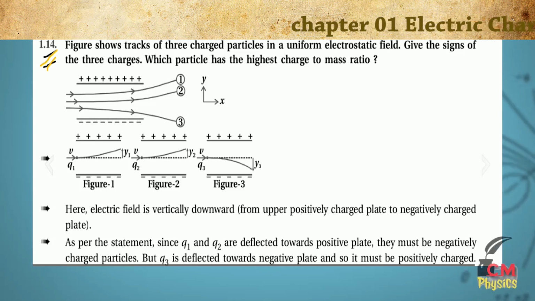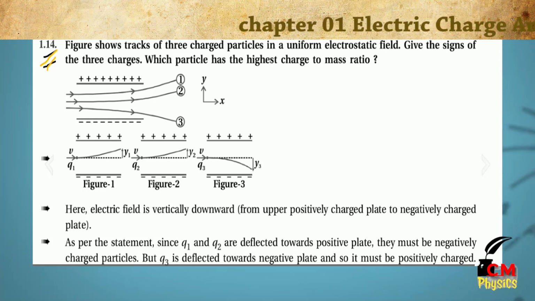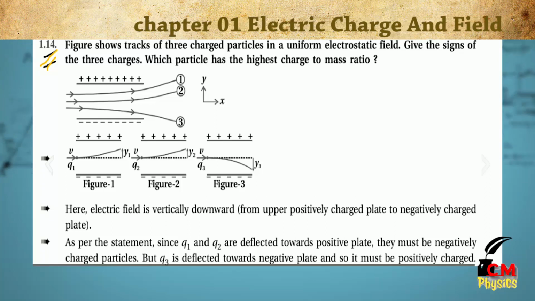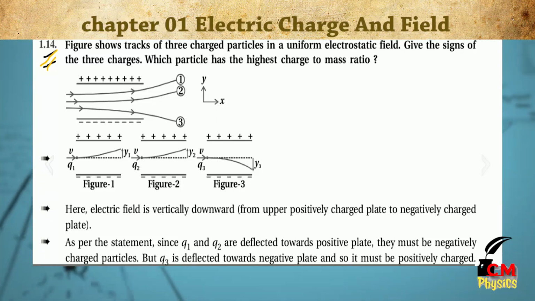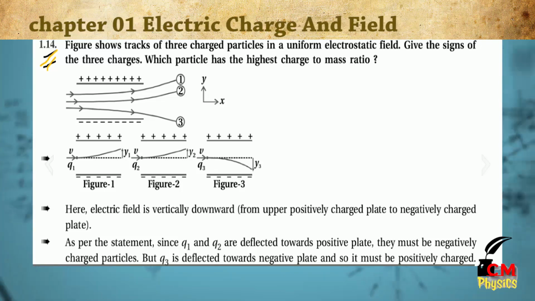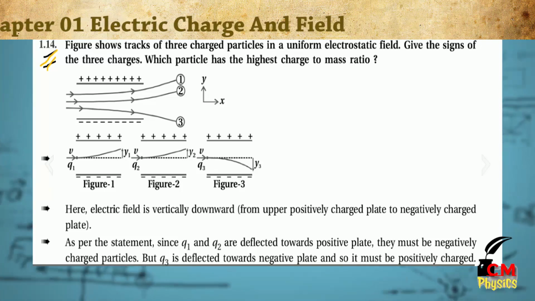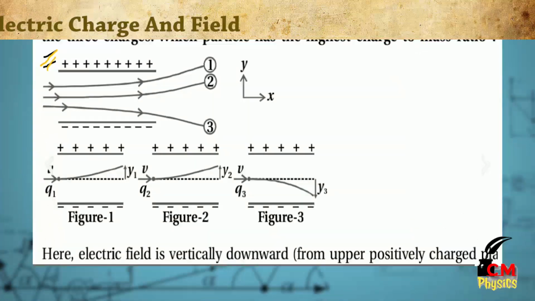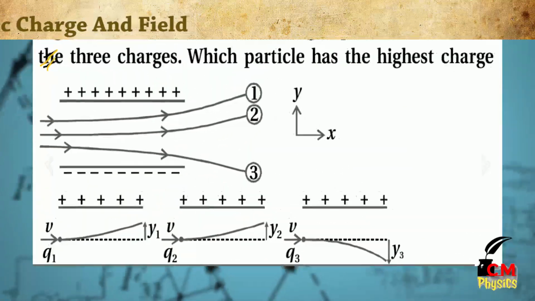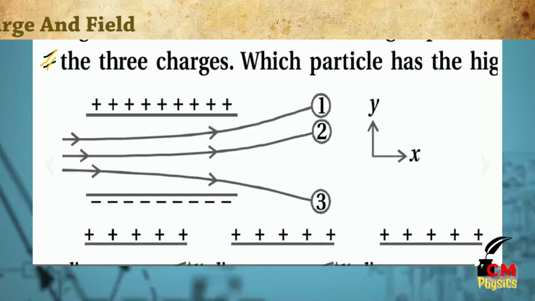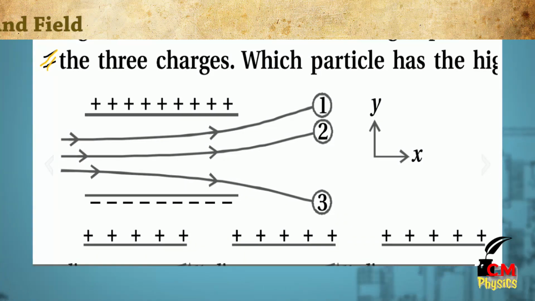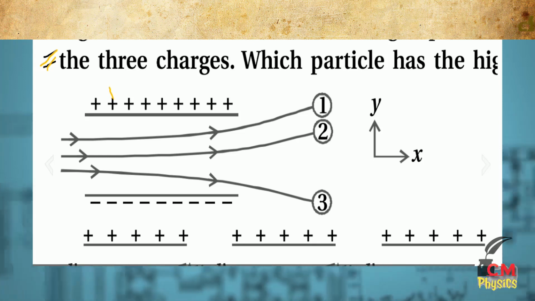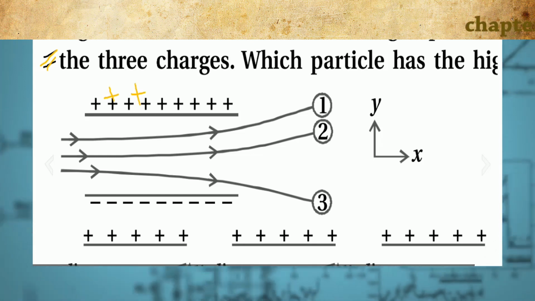Which particle has the highest charge to mass ratio? The uniform electric field here has a positive sign, positive charge.